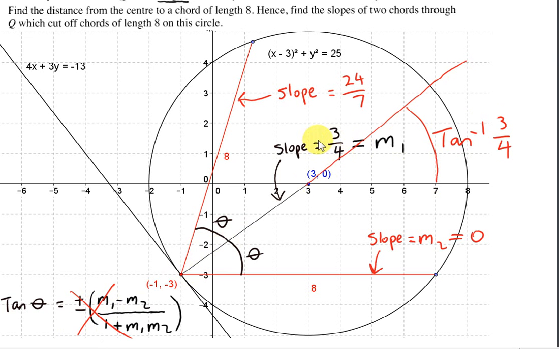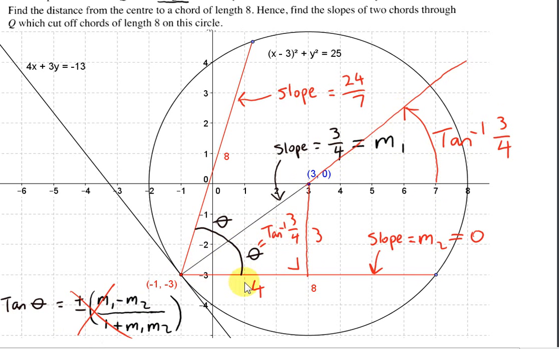We always measure anti-clockwise from the positive x-axis to get this angle. We could then get angle theta from the construction, because we know we have a right angle triangle here, and we know that this angle is inverse tan 3/4. Now these happen to be the same, but of course in general they don't have to be the same.